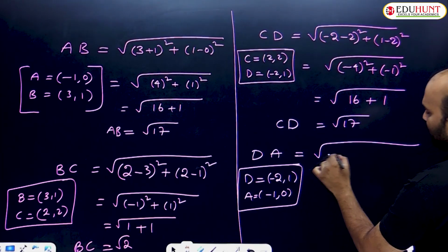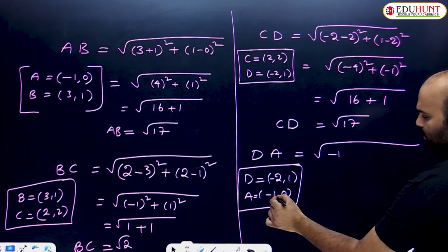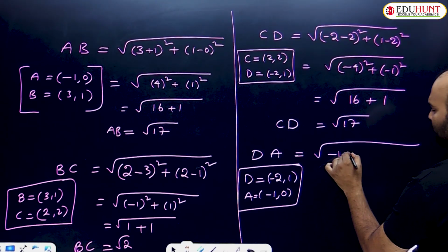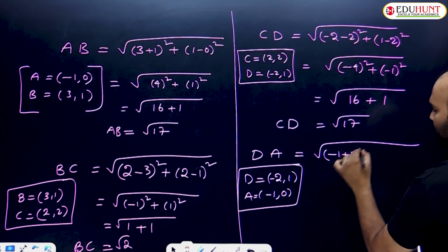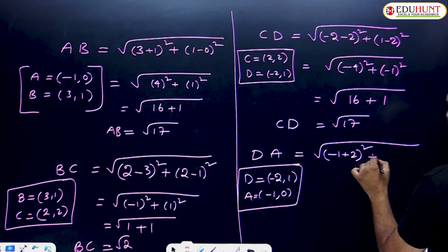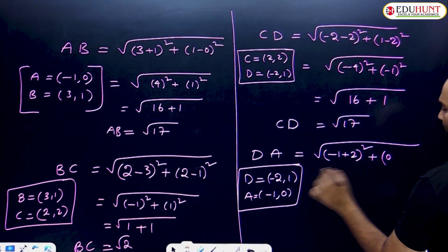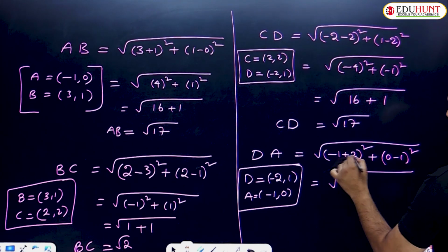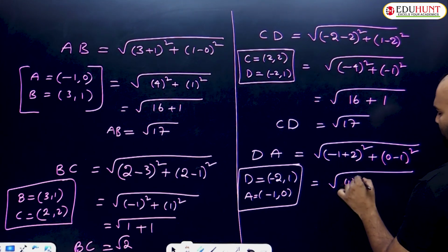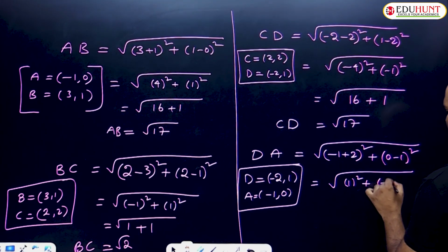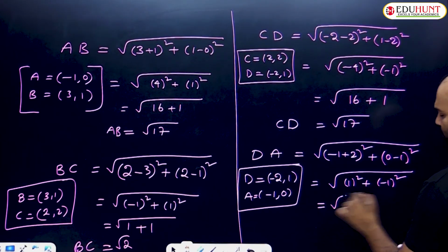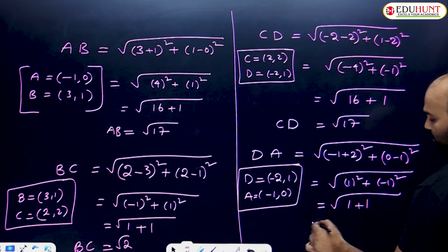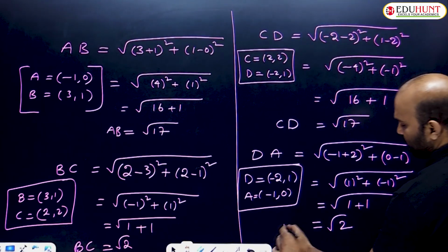Here the A value is x2, y2 and the D value is x1, y1. Minus 1, minus into minus, plus 2 whole square. This is x2 minus x1 whole square plus y2, 0, minus 1 whole square. So it can be written as minus 1 plus 2, nothing but 1 square, plus 0 minus 1, minus 1 whole square, which gives positive 1. So root 2. DA is also root 2.